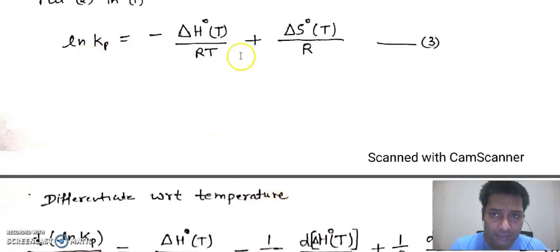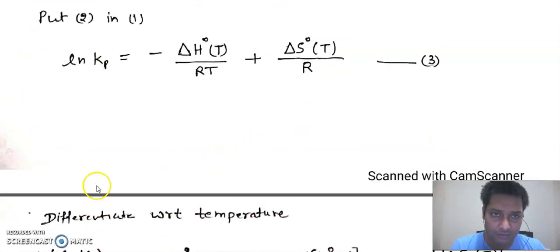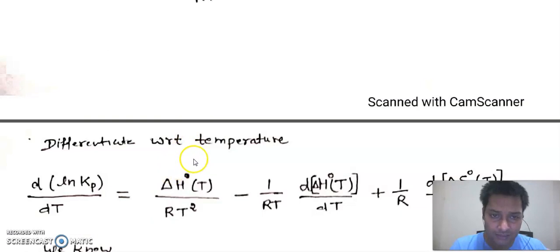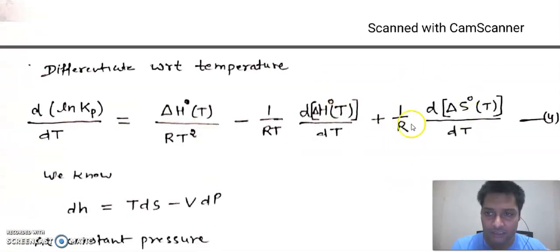Now differentiate equation 3 with respect to temperature. Here we have two variables, delta H and RT, so we differentiate the first function times the second function, and similarly differentiate this term. Let's say this is equation 4.